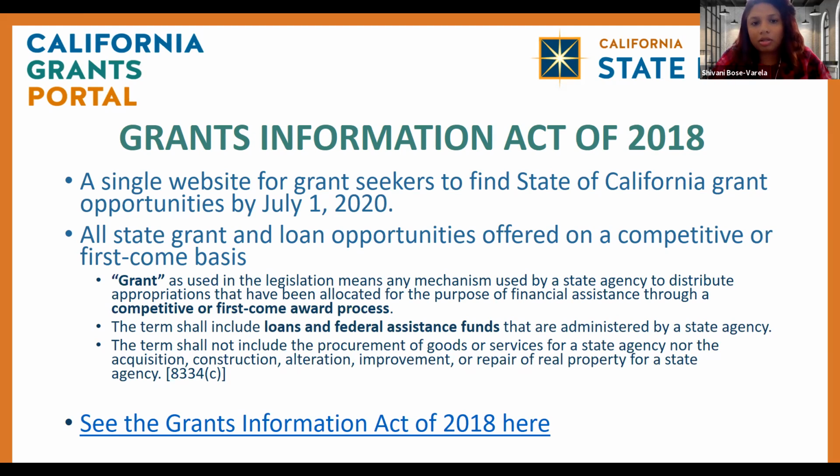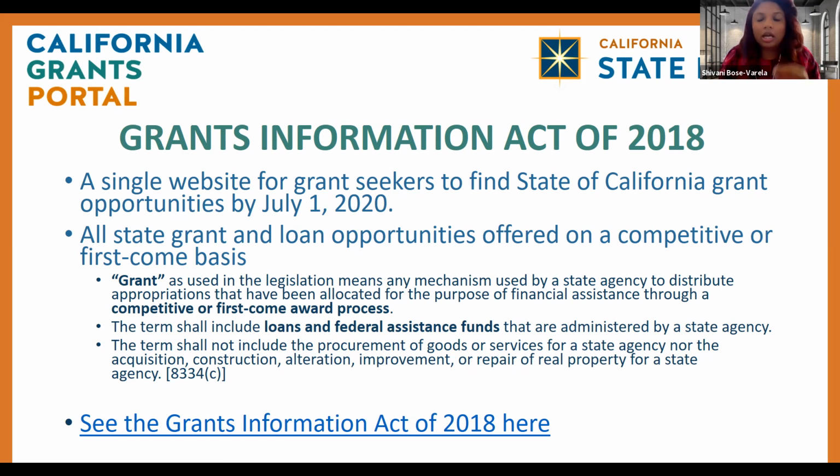The legislation also has a very specific guideline that grant seekers still have to go to the department's website to read the guidelines, read the RFP or RFA or NOFA, and then apply through the portal of whatever the state agency has. So this portal is not like grants.gov where you have the application and you apply and then everything is in one place.